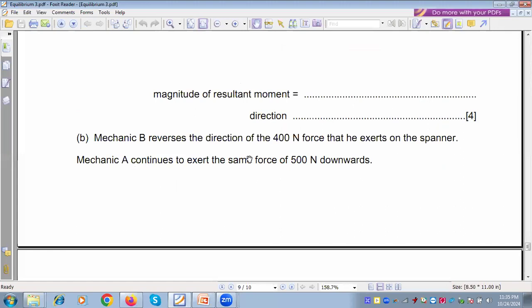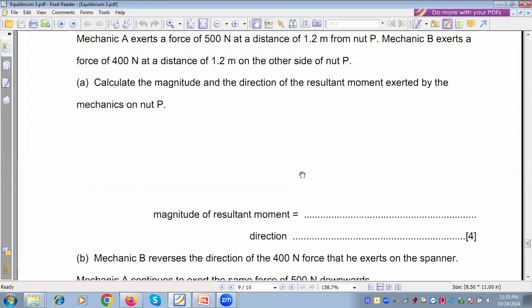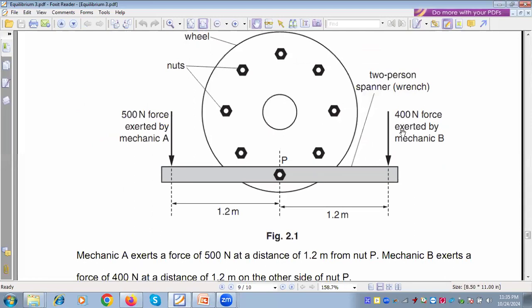Now mechanic B reverses the direction of the 400 Newton force he exerts on the spanner, and mechanic A continues exerting 500 Newton in the downward direction. Now one exerts force in the upward direction and the other in the downward direction.